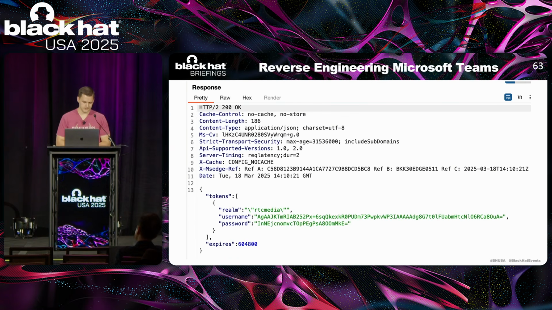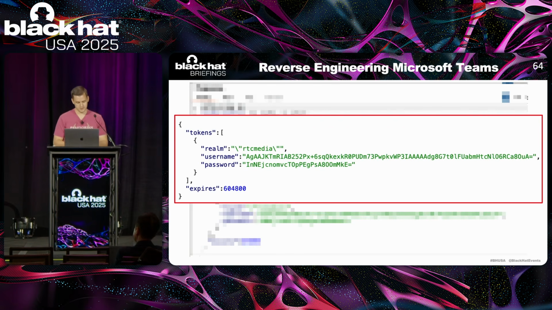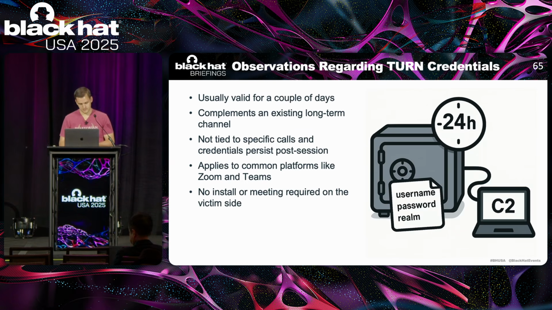On the Microsoft Teams side, we did some research and found there's a similar process. You don't have to actually join a meeting in this scenario. It's just an unauthenticated endpoint that you can access. So we decided this would be an interesting vector to pursue for command and control, because it would be agnostic to specific providers. We don't need to reverse engineer custom protocols, handshakes, or meeting join processes.